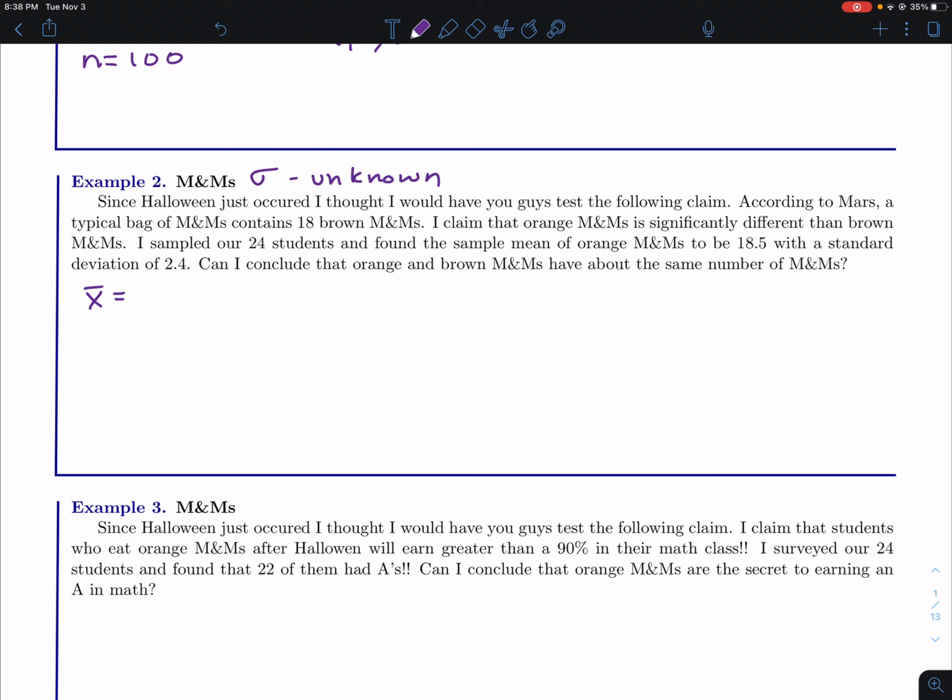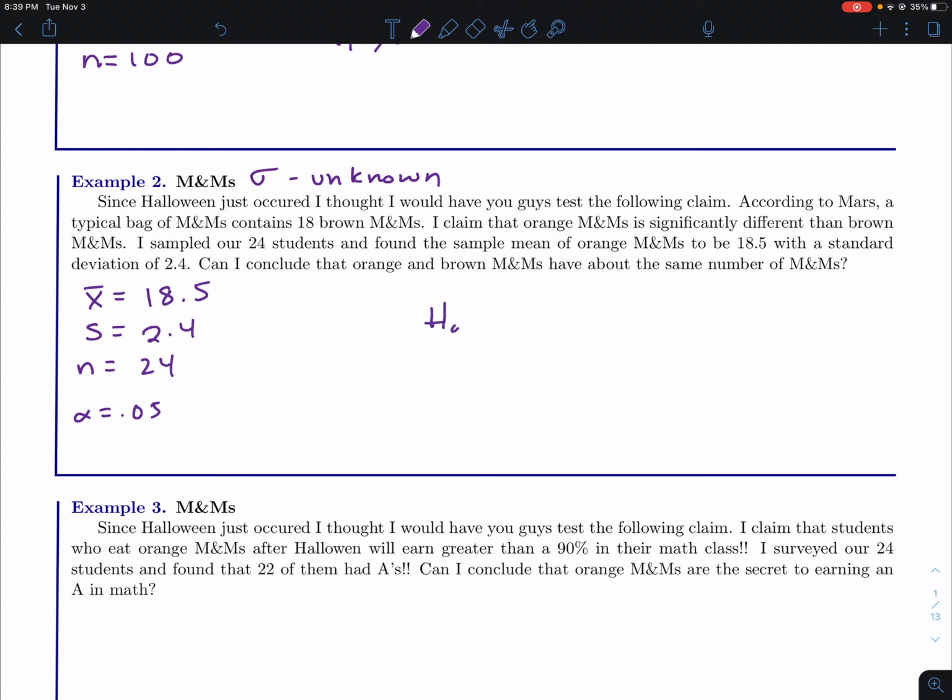My sample mean was 18.5. My sample standard deviation was 2.4. My n was 24. And I think that's it. So again, the alpha was 0.05 in this case. But again, we're just comparing it to the p-value. We don't have to put the alpha into the calculator.